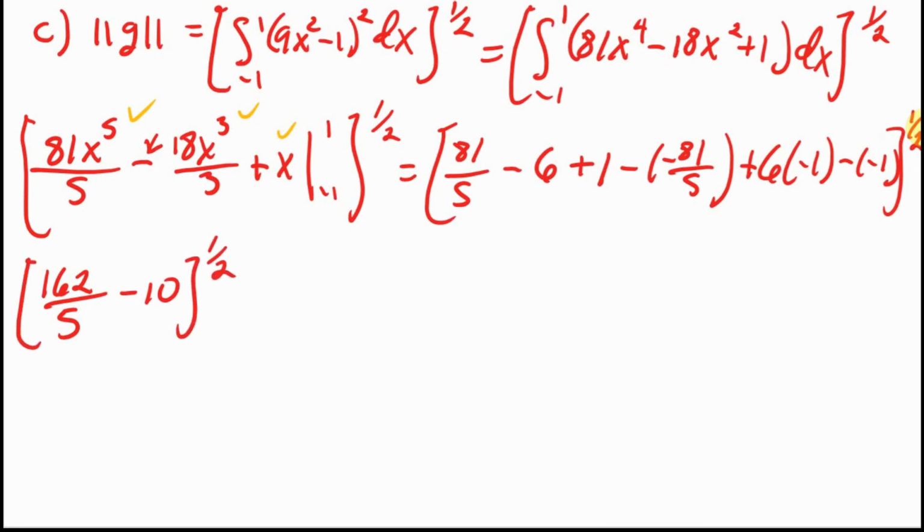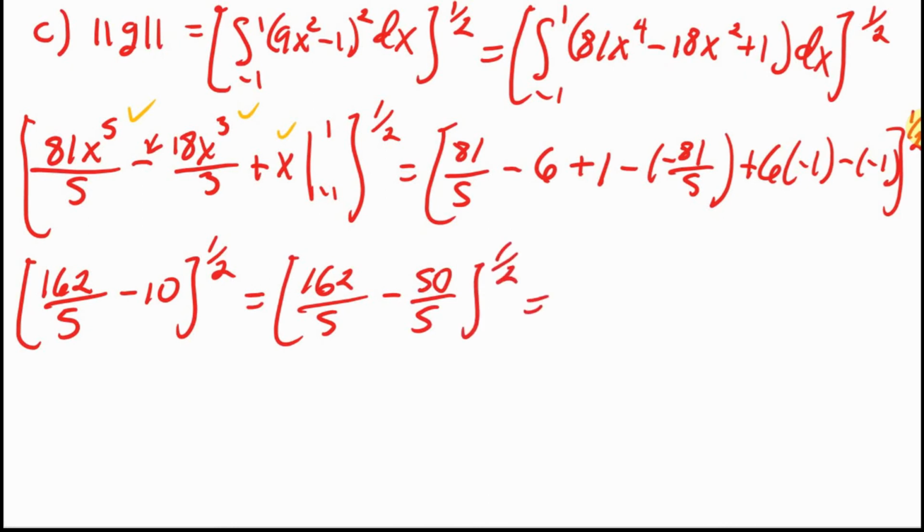And then we can simplify this a little bit further. So this is the 162 over 5 minus 50 over 5. So that gives us the square root of, looks like, 112 over 5. And then we can simplify that on our calculator.